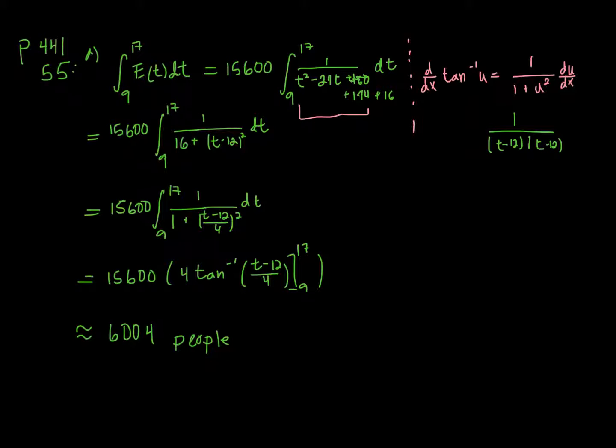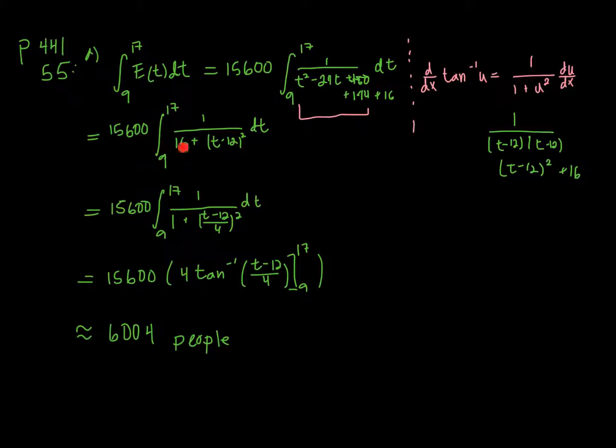Or in other words, t minus 12 squared plus that 16 that I had left over. So I'm going to rewrite it here as 16 plus t minus 12 squared so that I have it more in the form of my inverse tangent derivative, 1 over 1 plus u squared.